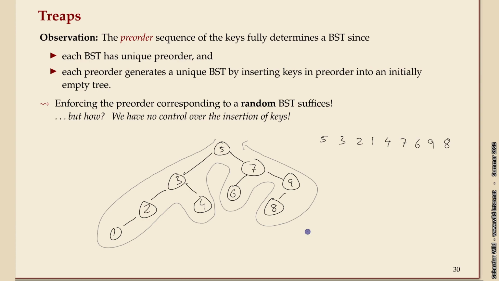Note that in general, for a binary tree, you need 2 of the 3 orders, pre-order, in-order, and post-order, to be given so that the tree is fixed. For a binary search tree, the in-order is always fixed because it's sorted. So we really get the pre-order and implicitly the in-order sequence of nodes, and those together determine the tree.